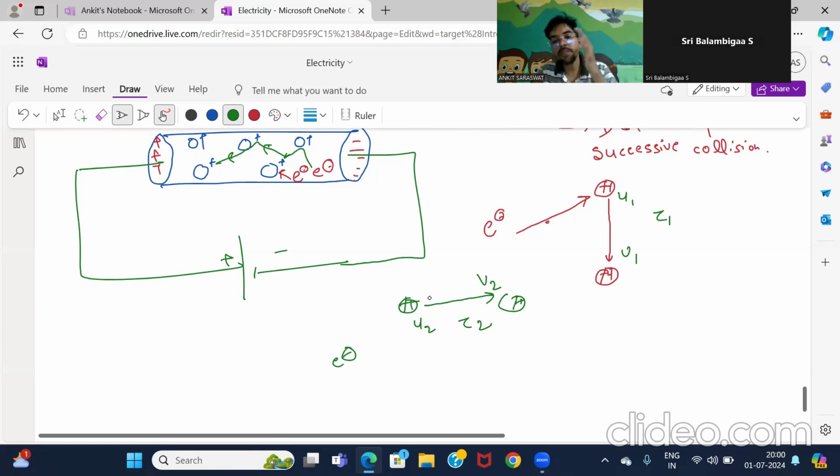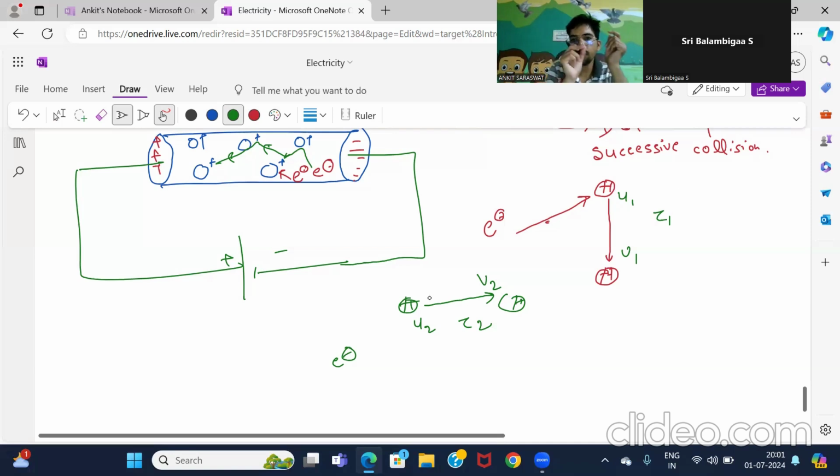So what I'm saying is, there are millions of electrons. I just take a particular instant of time, what is happening, these electrons collide and do the successive collision. I just want to know what is happening in successive collision.